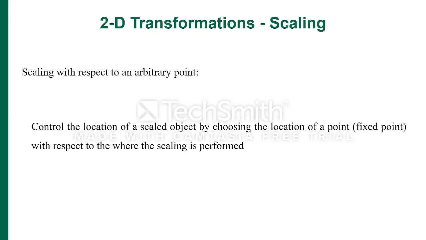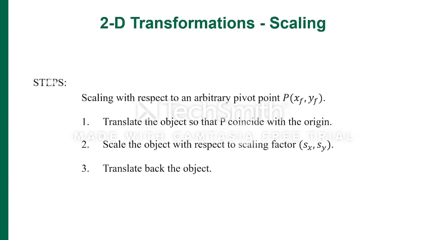Next we talk about the scaling with respect to an arbitrary point. This controls the location of a scaled object by choosing the location of a fixed point, with respect to which the scaling is performed. It also consists of three steps.